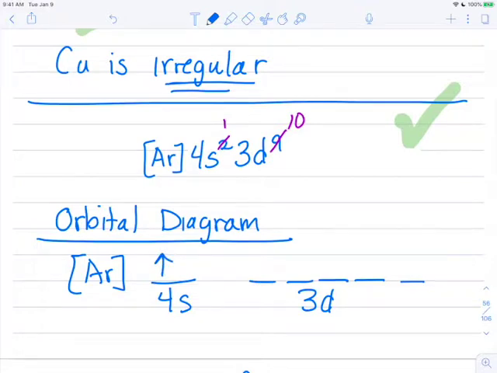This time we have only 1 arrow, 1 electron in our 4s's. Now I'm going to put 10 in the D's. When you're drawing it out, it's always your choice on how to draw, but my recommendation, so you remember the rule, is give everybody 1 electron before you give anybody 2. So 1, 2, 3, 4, and 5, and then come back. 6, 7, 8, 9, and 10.